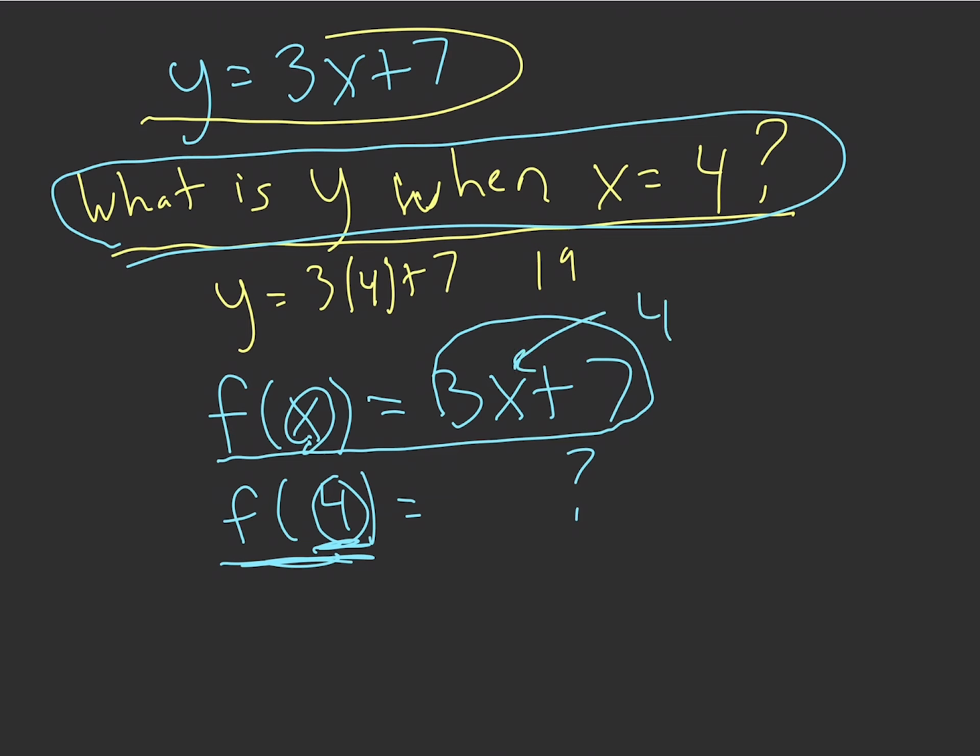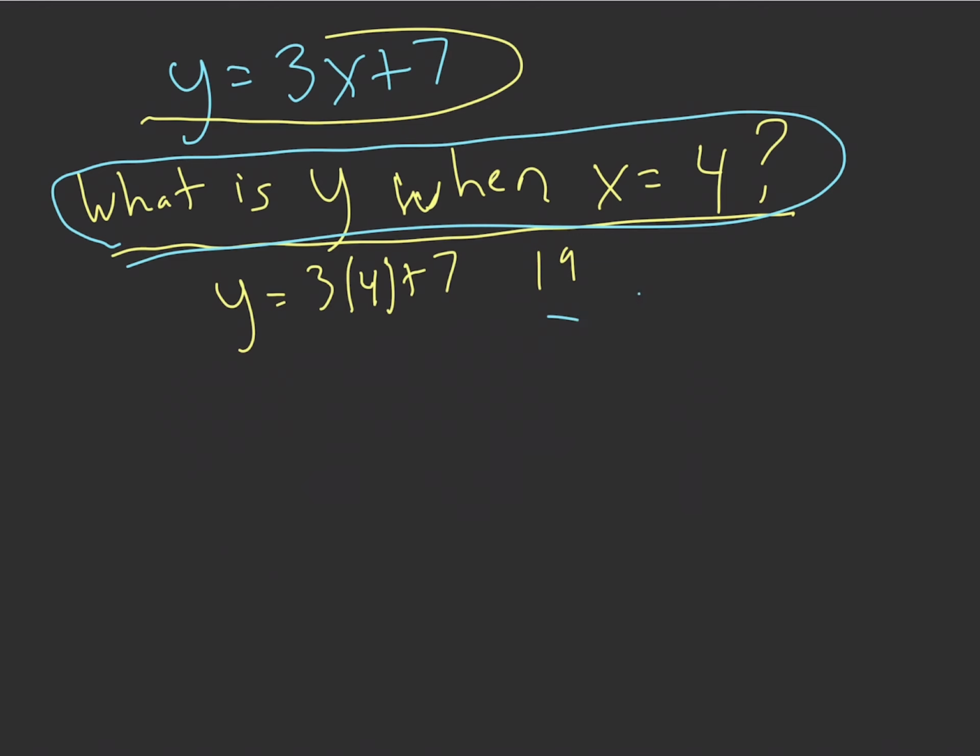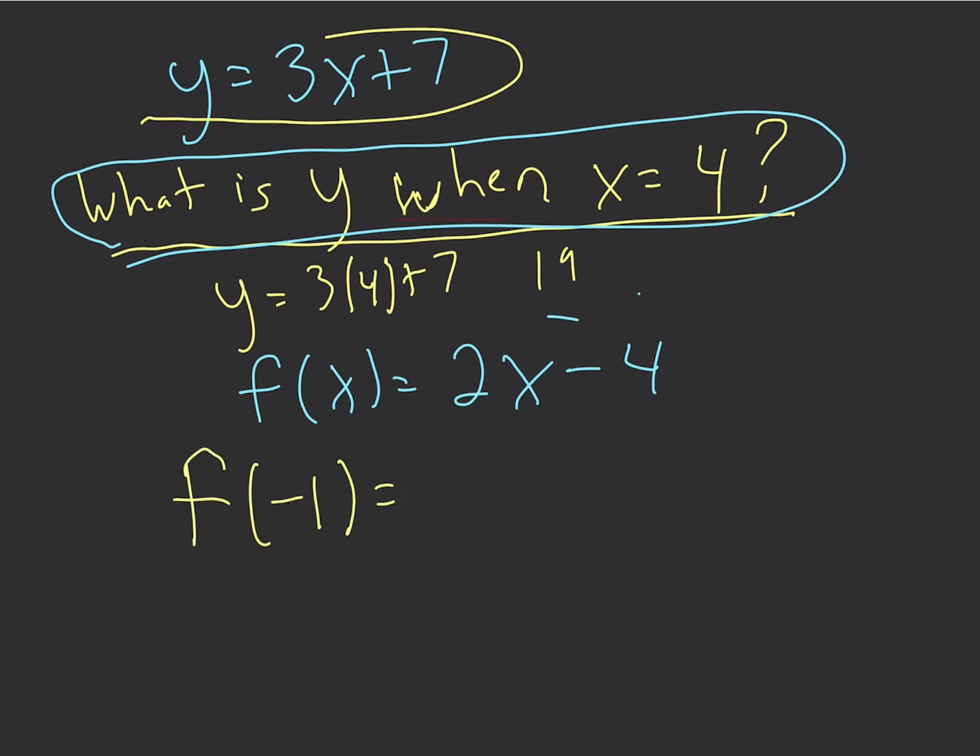All right, so let's think of another one. What if someone said, okay, this is f of x equals, I'll do a different one, 2x minus 4. And then the question says just this, f of -1, right? So I don't have to say all these words, what is y when x is -1?